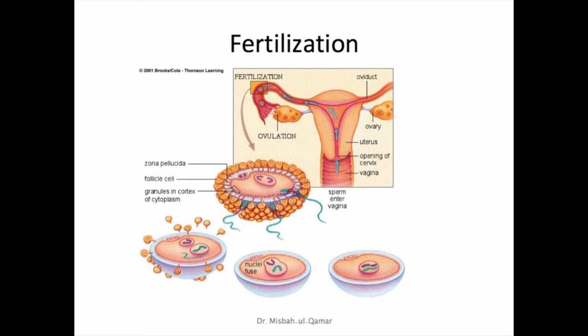The 23 unpaired chromosomes of the male pronucleus and the 23 unpaired chromosomes of the female pronucleus align themselves to reform a complete set of 46 chromosomes, meaning 23 pairs in the fertilized ovum.